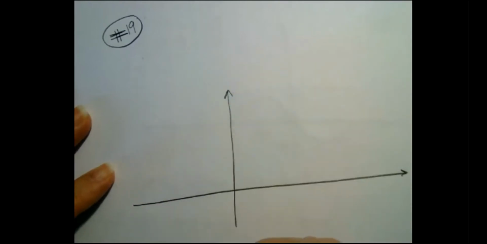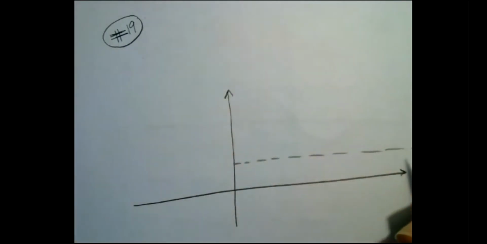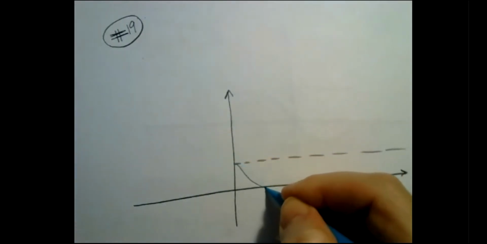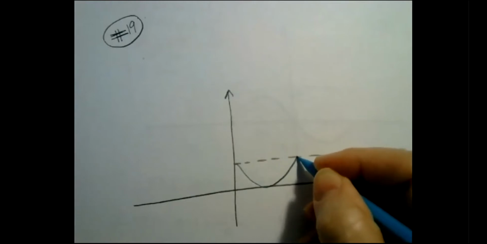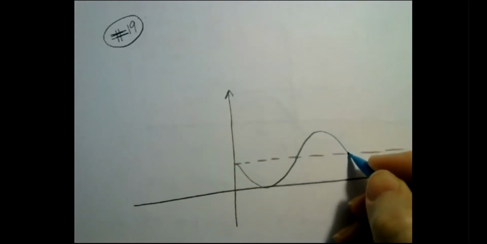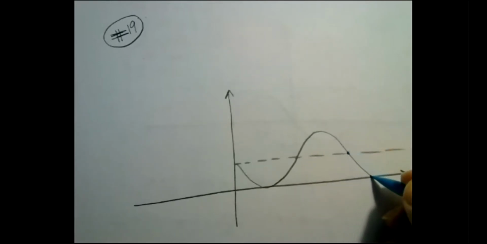So this is the graph. And they have a midline here. The graph is going down. It's going up. It's going up again. And it's going down. And then it's going down again.